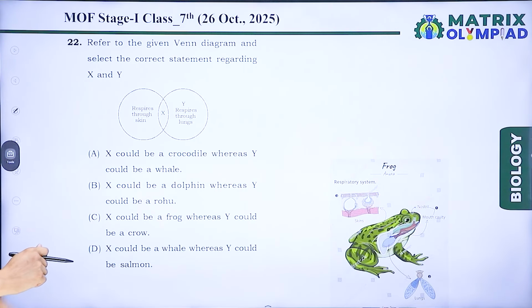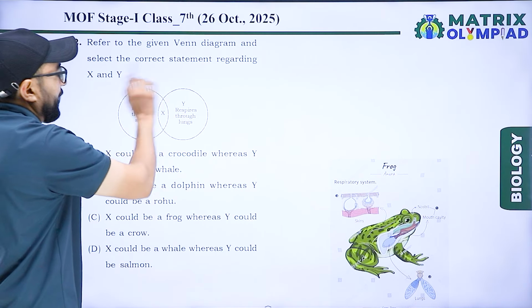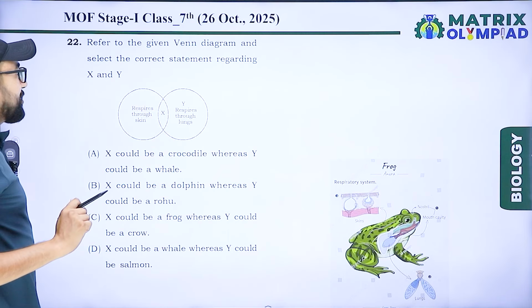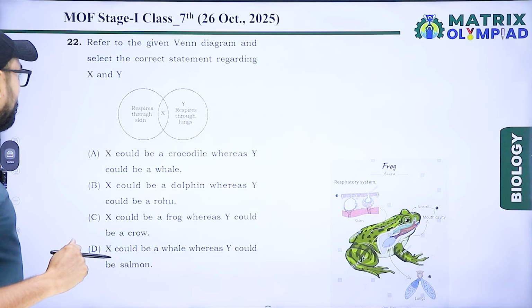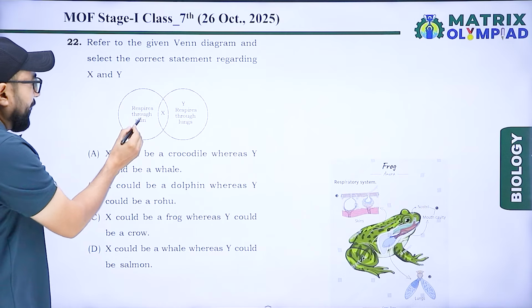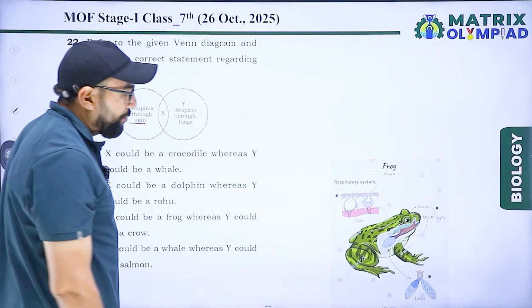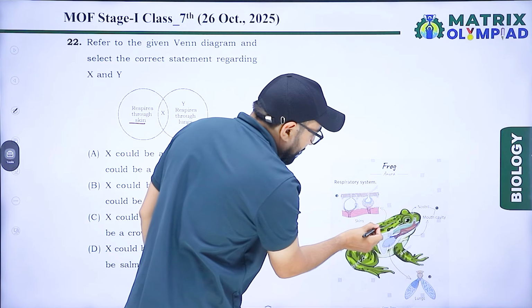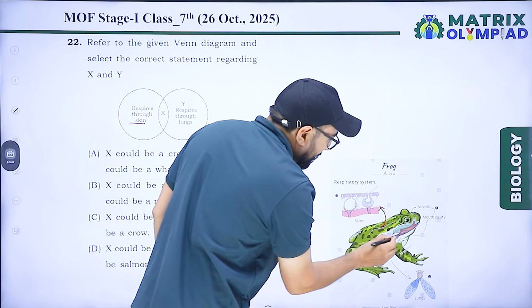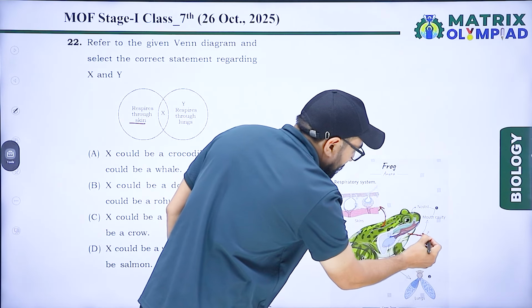Next question. Refer to the given Venn diagram. Select the correct statement regarding X and Y. Frogs respire through skin and lungs.